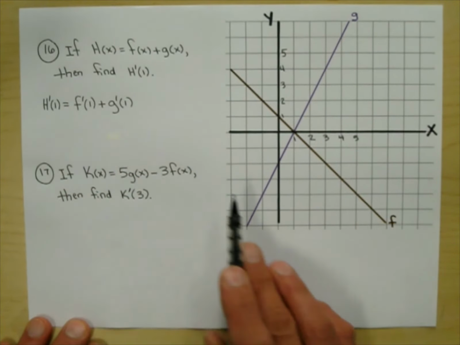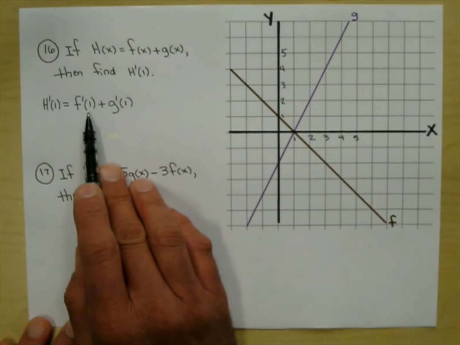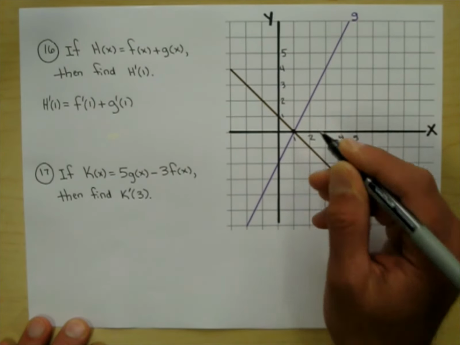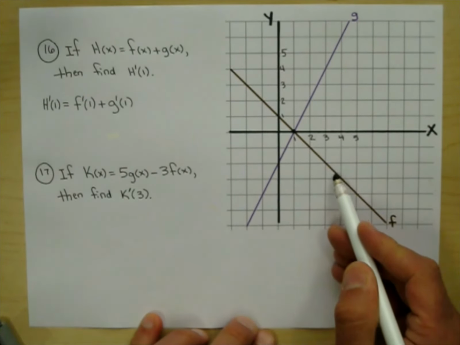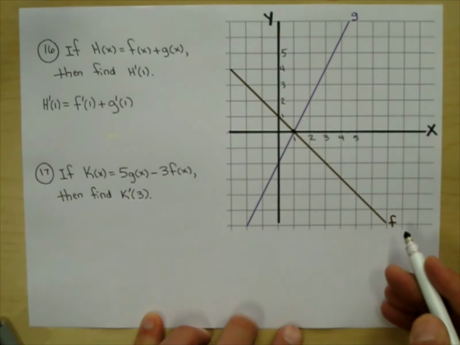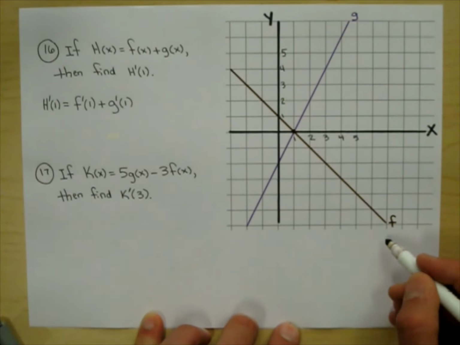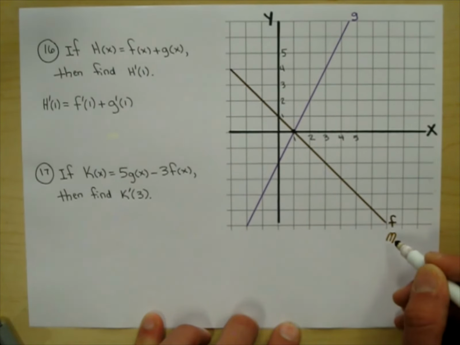This is where we'll go to. And what do we have here? How am I going to find f prime of 1? Well, f prime of 1 and g prime of 1, well, here's 1. But let's face it, for any point on the graph of f, if you draw the tangent line, it's going to have the slope of the line that you see. So the slope of the brown line, line f, is what? Rise over run.